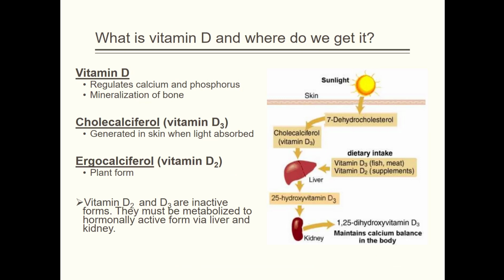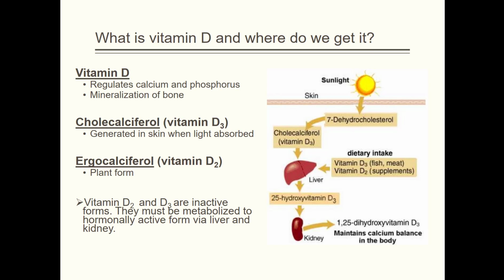What is vitamin D and where do we get it? Vitamin D regulates calcium and phosphorus, and it is used for mineralization of bone. Cholecalciferol is vitamin D3. It's generated in skin when light is absorbed. Ergocalciferol is vitamin D2.